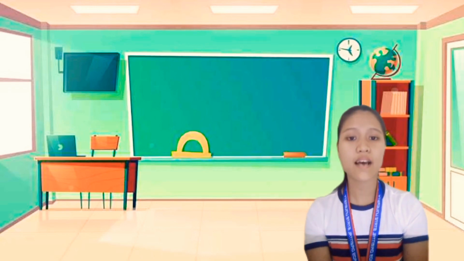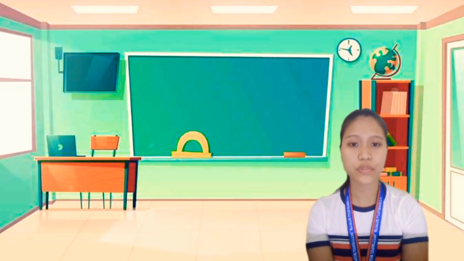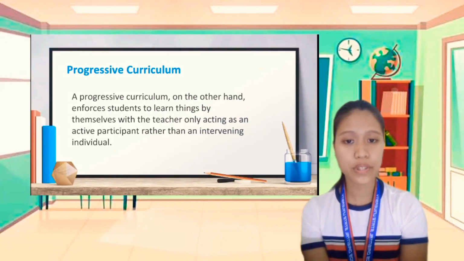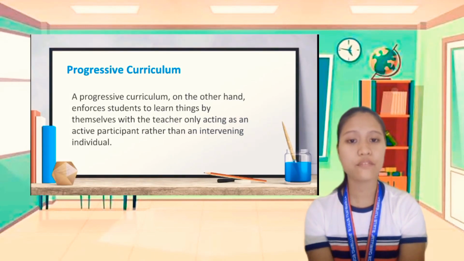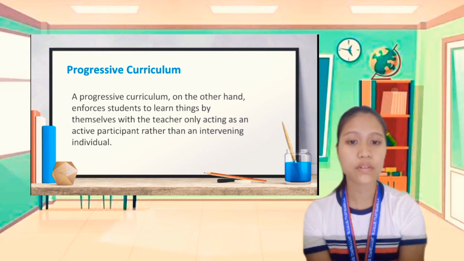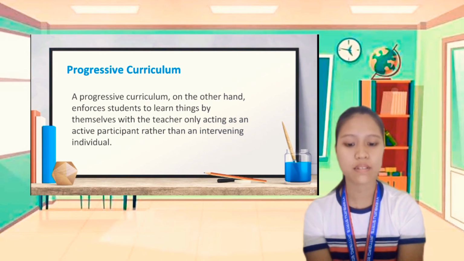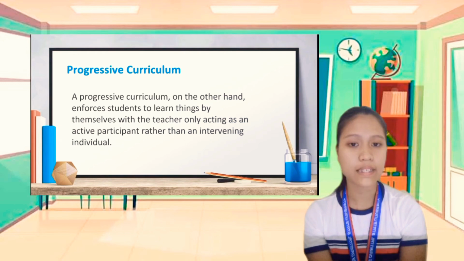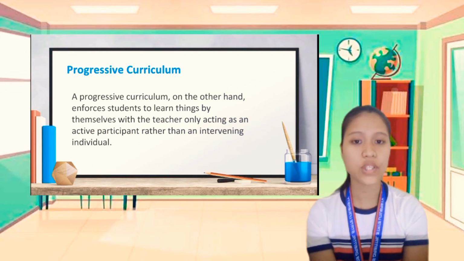Now, let us have the progressive points of view from other curricularists. A progressive curriculum, on the other hand, enforces students to learn things by themselves, with the teacher acting only as an active participant rather than an intervening individual.